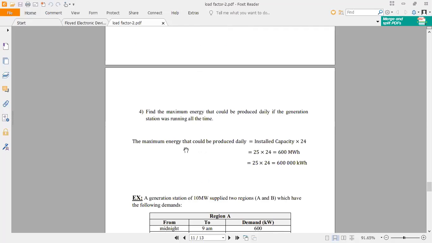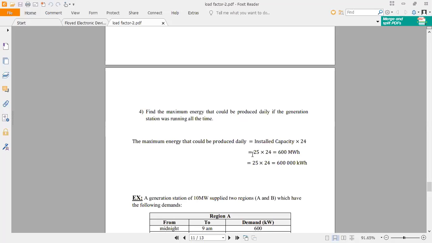The maximum energy that could be produced daily is installed capacity multiplied by 24. Installed capacity is 25 megawatt, and this is the 24 hours of working, because if the generating station produces energy for 24 hours, we mention 24 here.